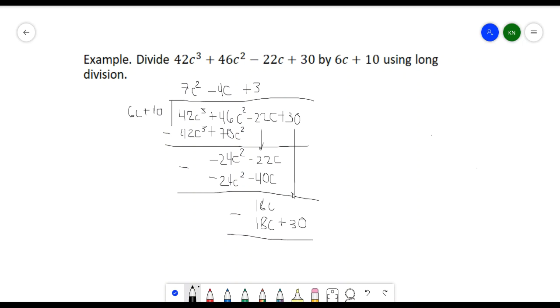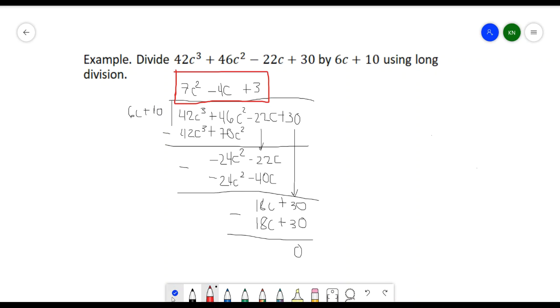Now putting our last term here, we have positive 30. 18C minus 18C, that is already 0. 30 minus 30, that is already 0. So basically, we already have our quotient, which is 7C squared minus 4C plus 3.